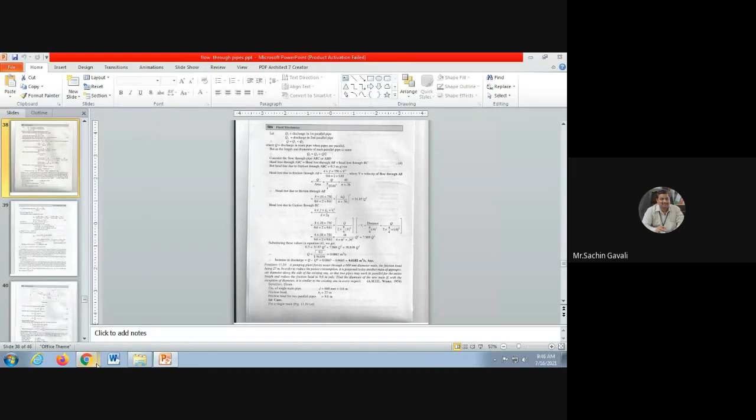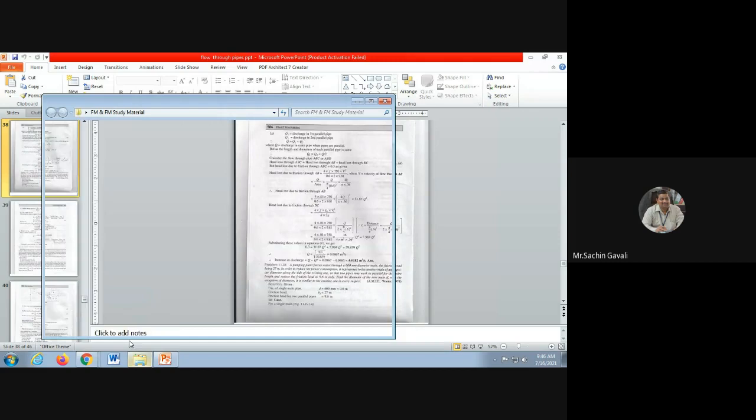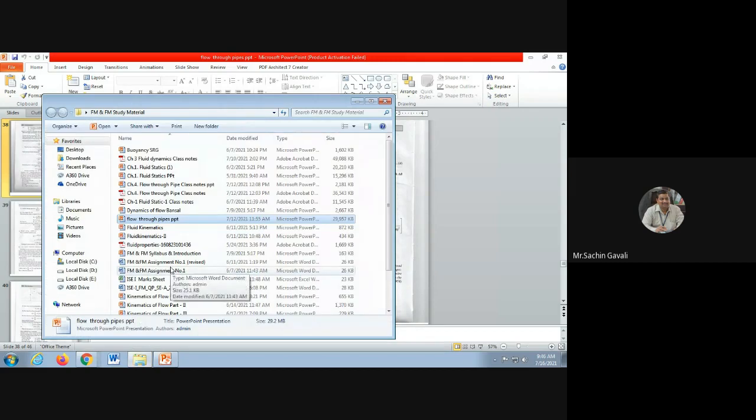Today, if maximum possible, we'll complete the theory of this chapter, and then we will move towards numericals. Maybe this afternoon, if I get the lectures and don't have any other work, then we'll complete that also.